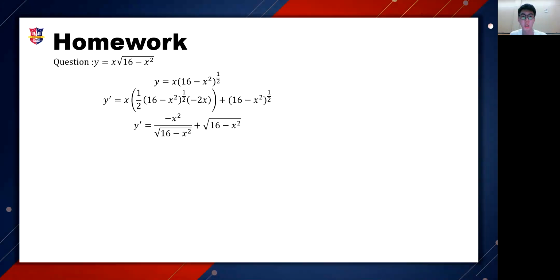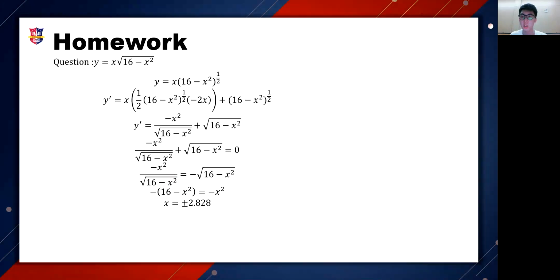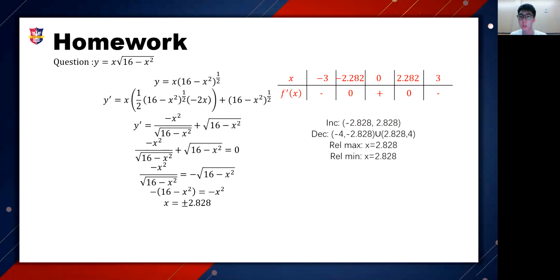In this step we find the zeros of it, and finally we get x equals positive and negative 2.828, right? Then we follow the instructions, and we plug the critical numbers into the table, right? So we find the tendency of the entire graph, and then we got the answer.